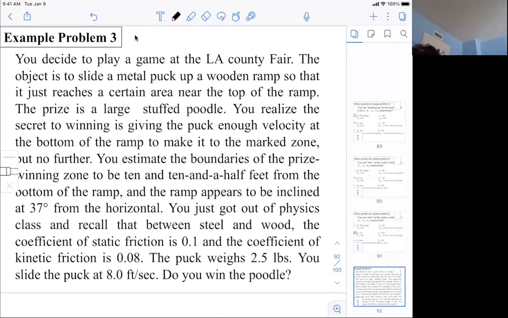You're sliding a little puck up a ramp, and you want to land it within a certain zone to win a prize, and you have a certain speed you are sliding the puck with, and there is some kinetic friction to slow the puck down. So you want to find out how far you can go up the ramp in order to see if you win the prize.